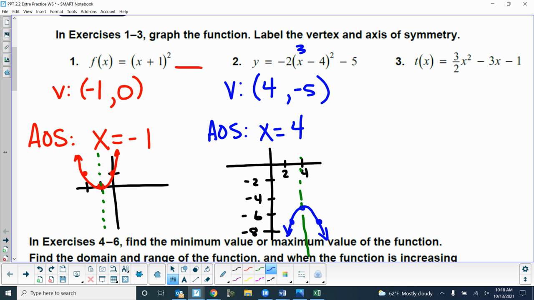So those two were in vertex form. What's number 3? What form is it in? It's in standard form, right? So to find the axis of symmetry, we'll do that first. We use x equals -b/2a. Oops, I wrote that wrong.